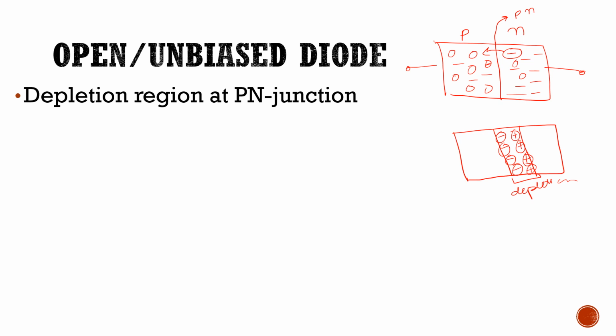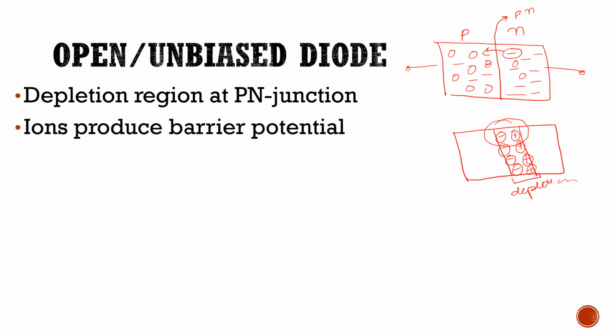Now the ions in this depletion layer produce a barrier potential. Now what is this barrier potential? It is the potential which diffusing carriers of both types must surmount in going from one side of the junction to the other side.